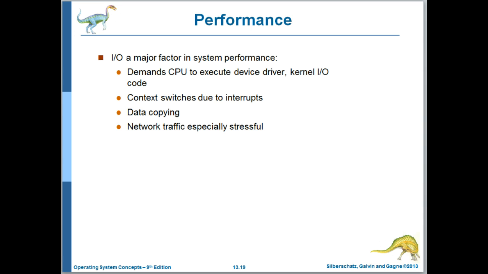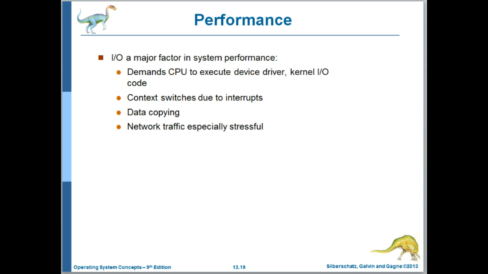So even with all of the work that can be offloaded from the CPU by using DMA controllers and interrupt-based I/O rather than polled I/O, there's still a lot of overhead involved in I/O handling. Handling interrupts, the context switches that occur, copying data from kernel space to user space.